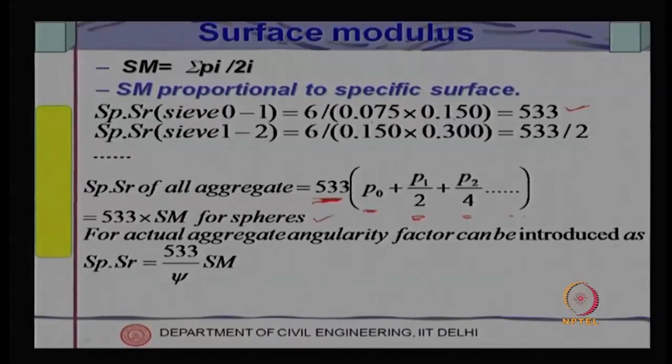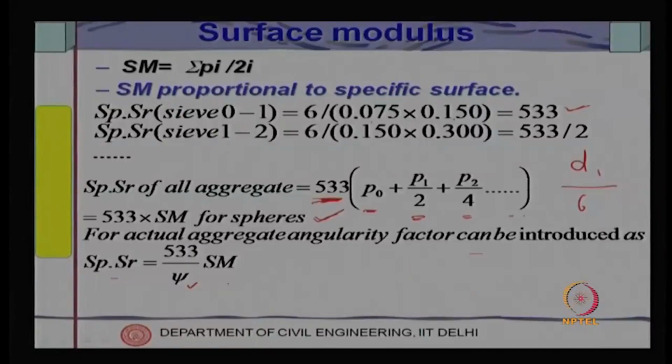Now, this is for spheres, because we have used d by 6. For actual aggregate, an angularity factor can be introduced, and therefore specific surface is given by 533 by the angularity factor, which we have defined earlier. For irregular shaped particles the surface area will increase, whereas for a sphere the surface area is minimum.